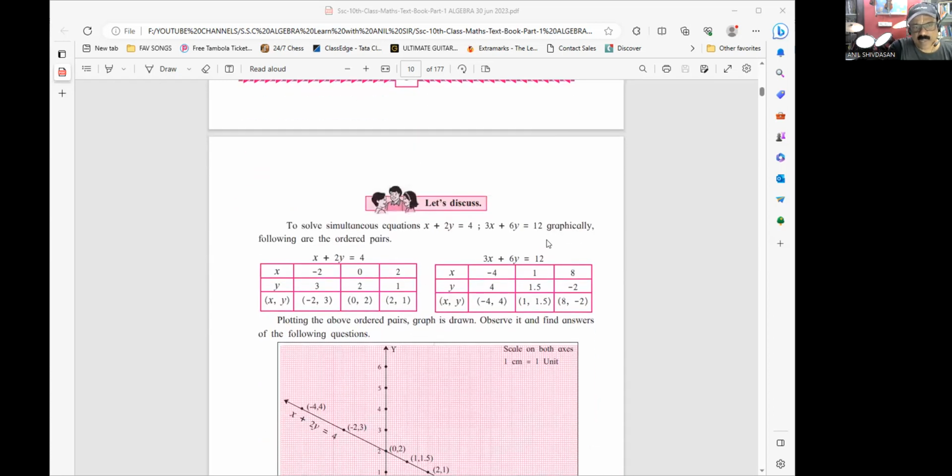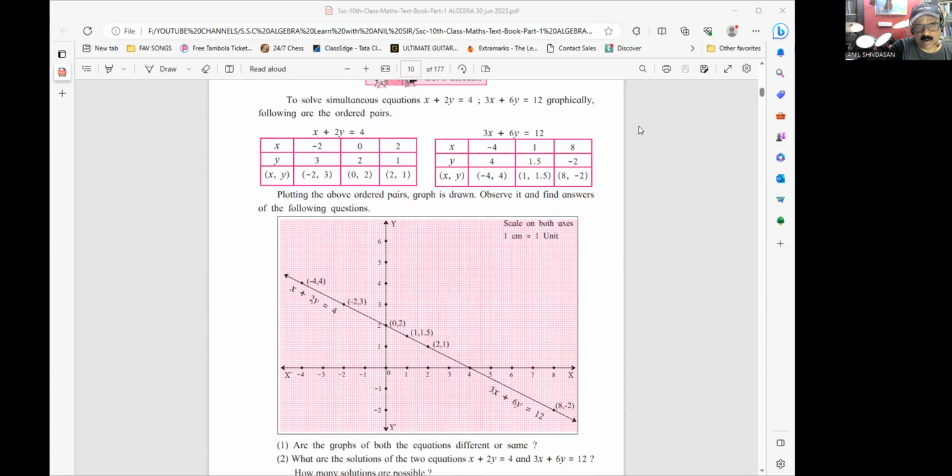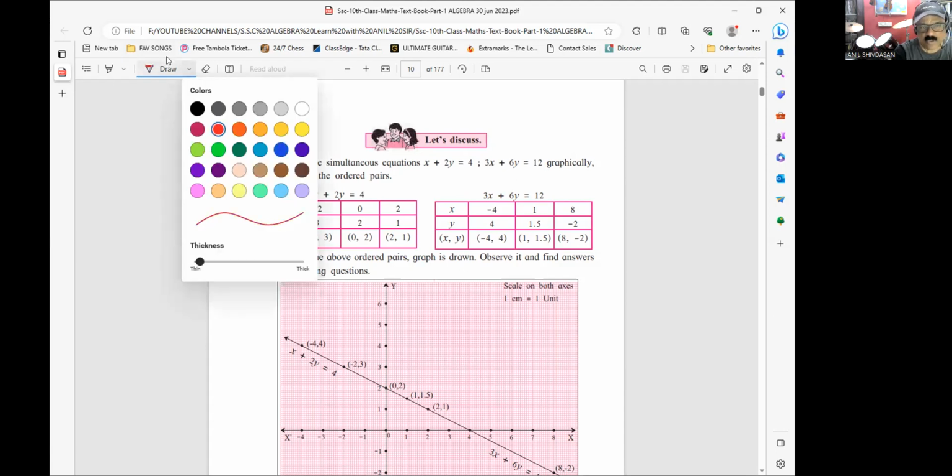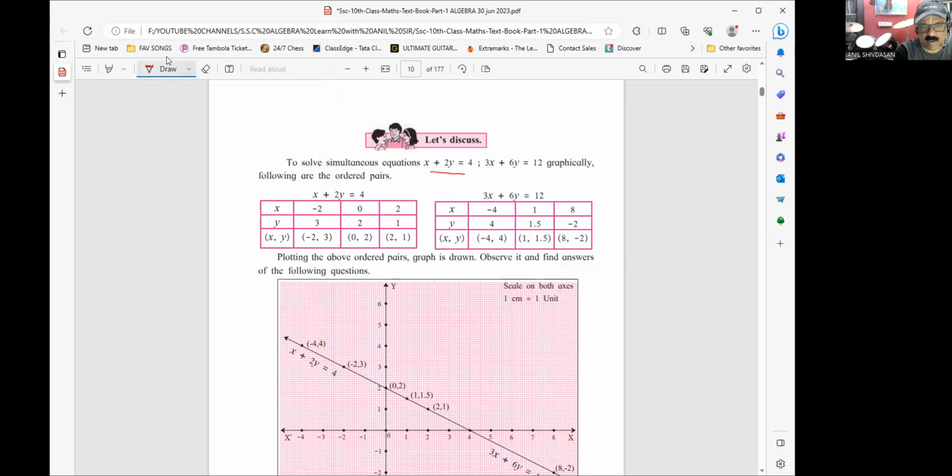Okay, now let's look at one particular possibility, that is solving simultaneous equations like x plus 2y equal to 4 and 3x plus 6y equal to 12.